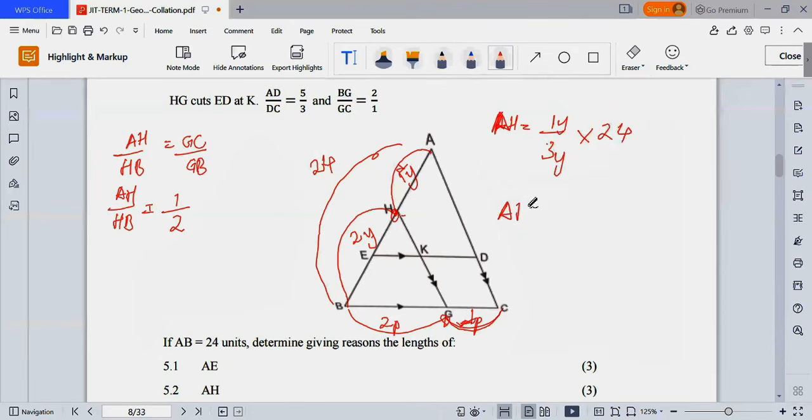So to get my AH, that's 1 over 3 times 24. And this should give me 8 centimeters. Okay, good. So we can say that it's pretty simple to calculate it using parts.